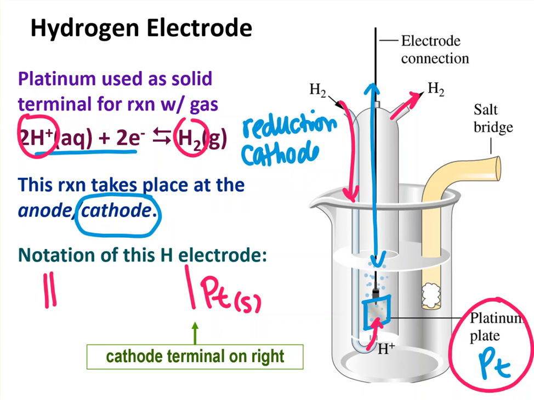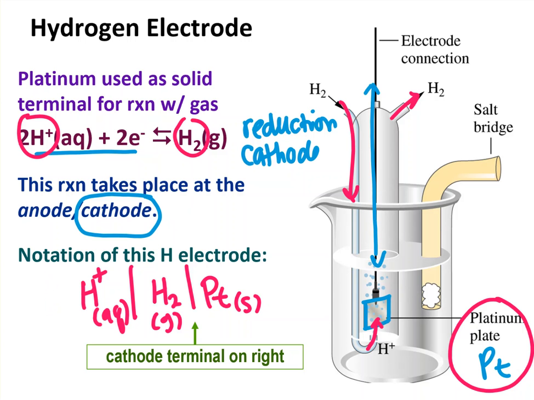This is reactant and product. So my product goes here. Phase boundary. And then I have my reactant, my hydrogen reactant there. So that is the line notation of this electrode. And if we're just doing the electrode, we really don't need that part.